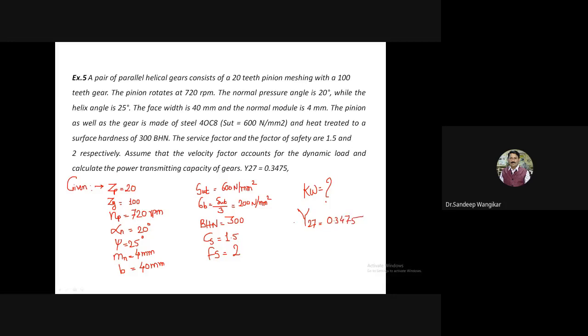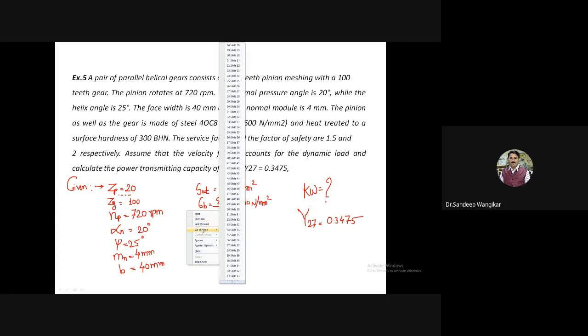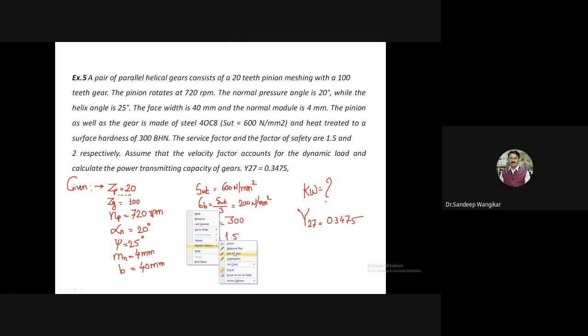Now ZP, number of teeth on pinion, is given as 20 and Y for 27 teeth is given. So here is the concept that we will be calculating the virtual number of teeth. Then you will come to know. So let us proceed for calculation. So very first write down what is given. I will give you 1 minute for writing this, then we will proceed for solving the numerical.